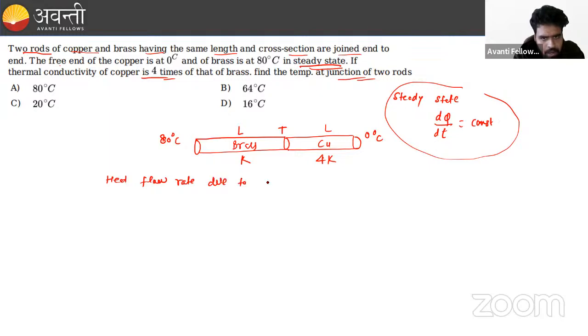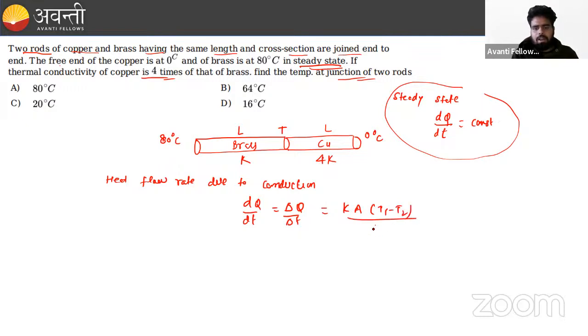due to conduction. So if we write down this formula, the heat flow by conduction is dQ/dt, or delta Q upon delta t, equals KA(T1 minus T2) upon the length along which heat is flowing.